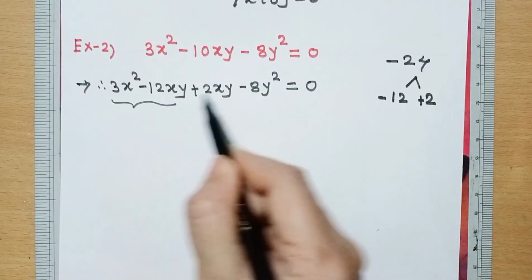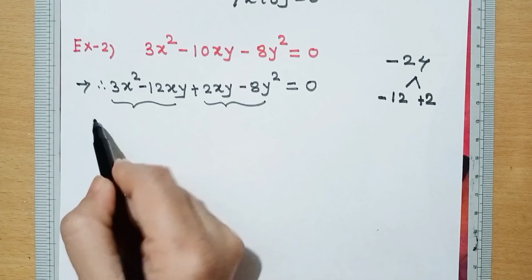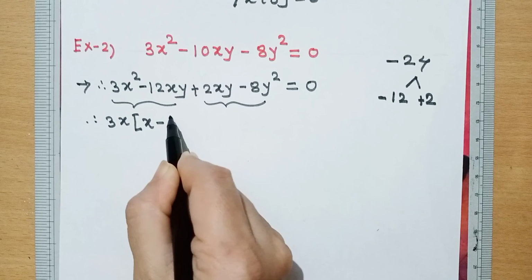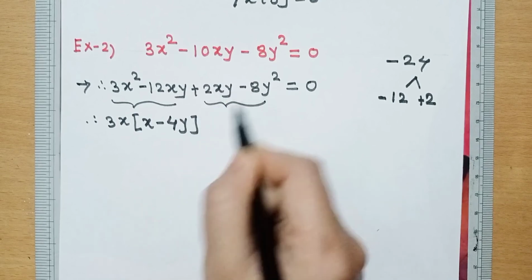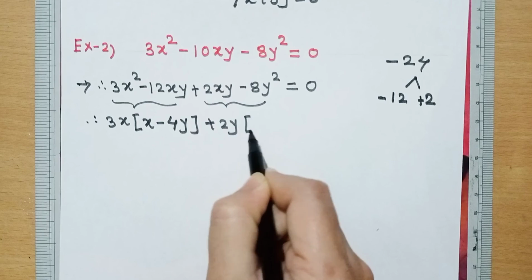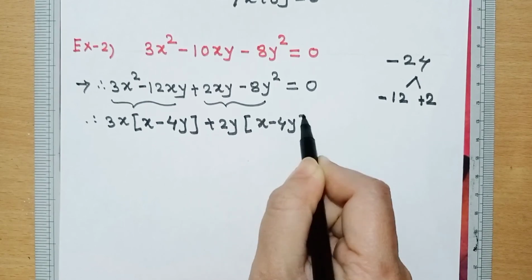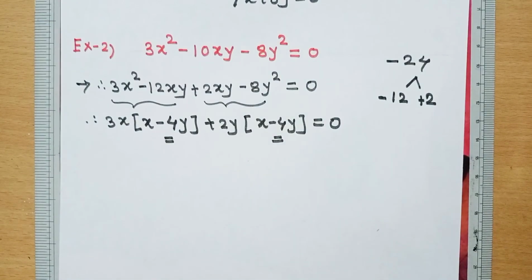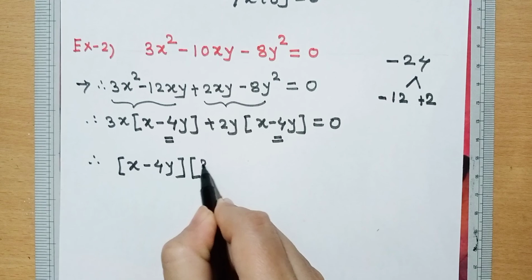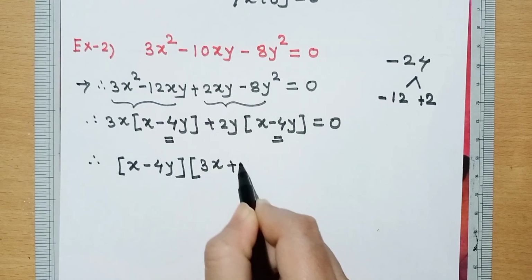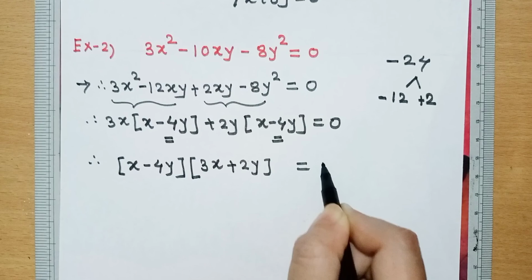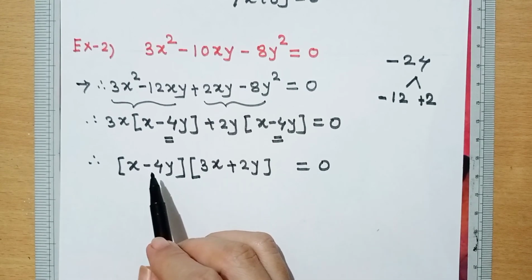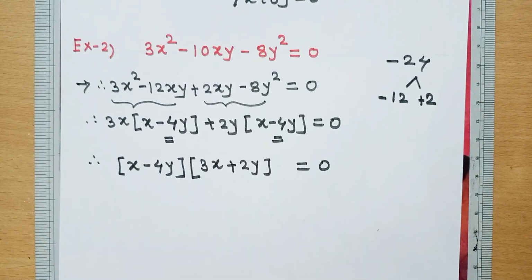Now collect two terms and find the common factors, and so here 3x is common, here x minus 4y. From this also 2y is common, and again x minus 4y remaining, and now x minus 4y, this bracket is common, and here 3x plus 2y, and that is equal to 0, and again the product of two brackets equal to 0 means either this equal to 0 or this equal to 0.